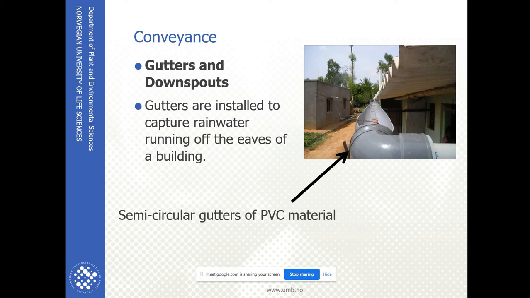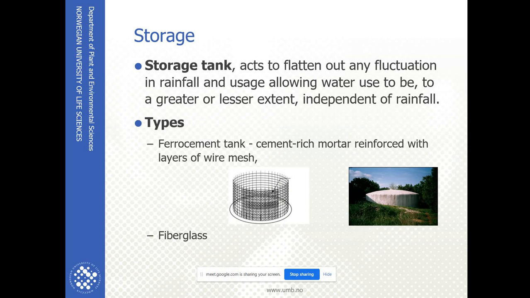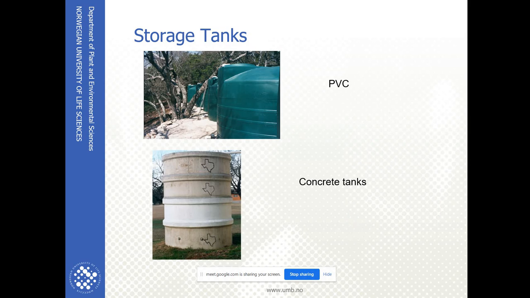Disinfection can be done by boiling water before consumption, adding a chlorine compound such as bleaching powder in the required quantity to the water source, and using slow sand filtration and solar disinfection.